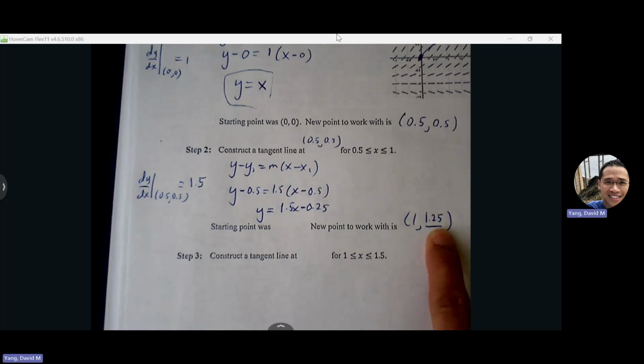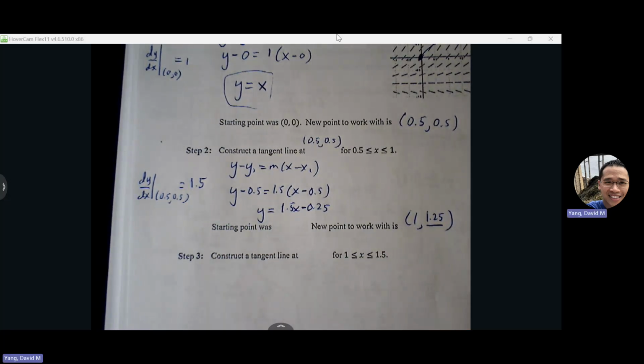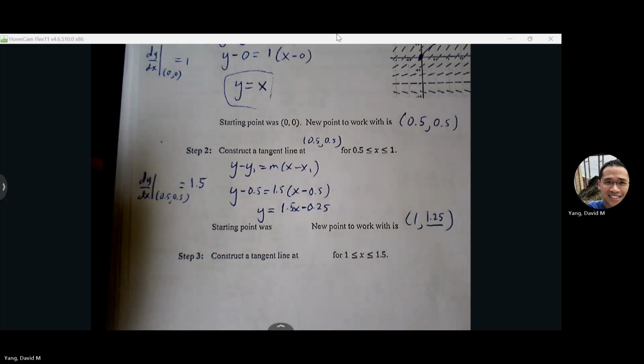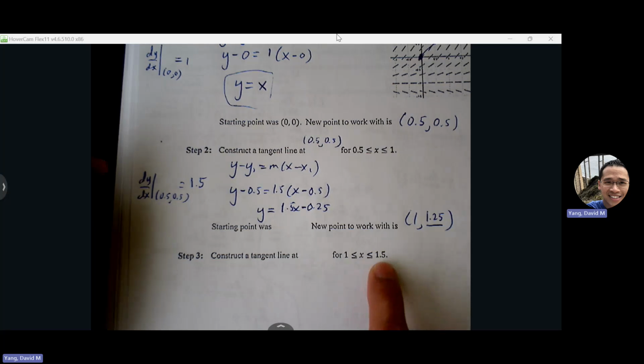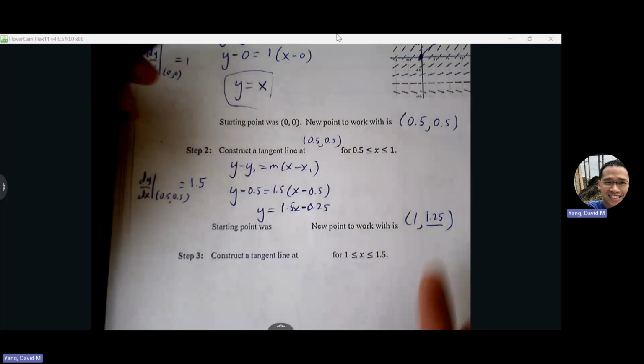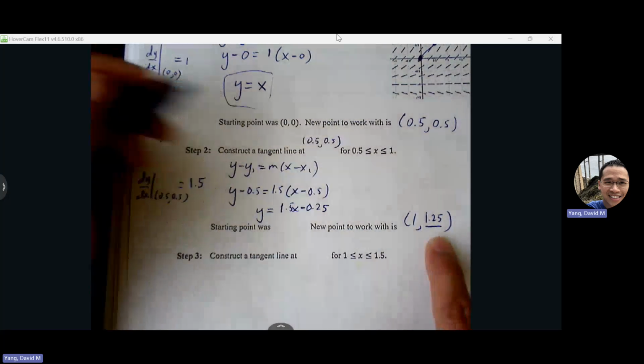So now we have this ordered pair. We're going to create another tangent line. So repeat the same process with a new ordered pair. And we'll end at 1.5 since that's the last step here. So construct the tangent line at this ordered pair.